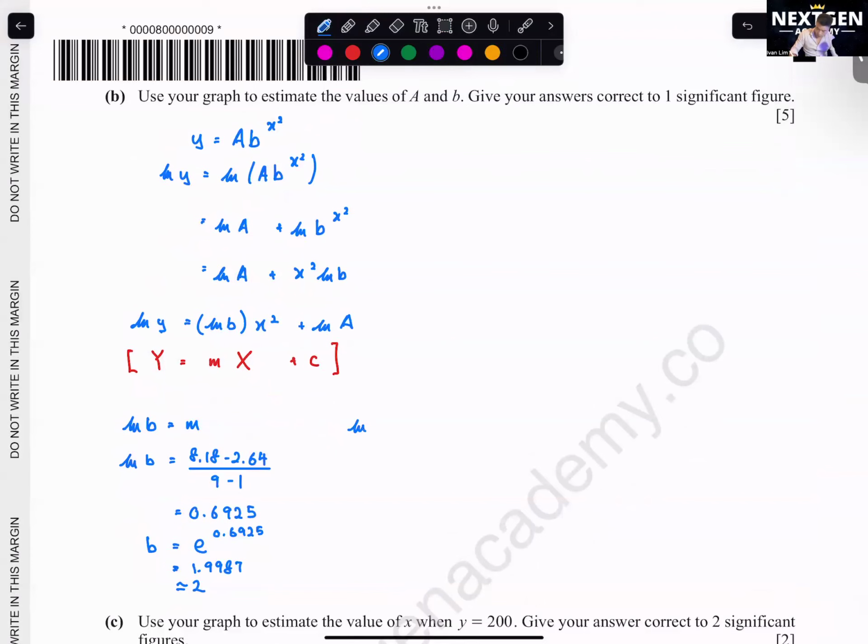So ln A equals C, C is 1.9. Therefore A is e to the power of 1.9, which will be 6.685. Therefore, your final answer should be 7.